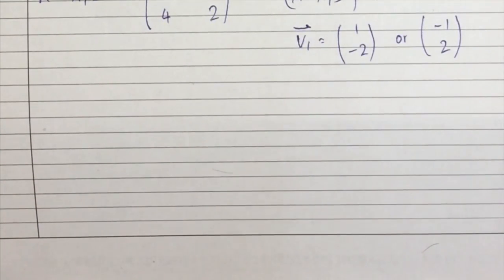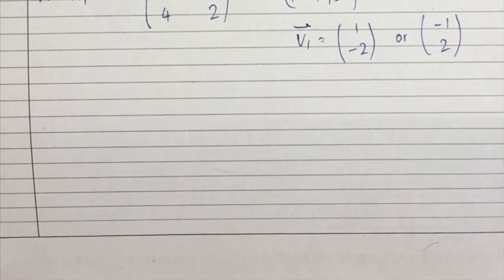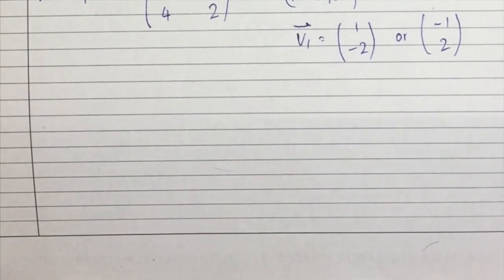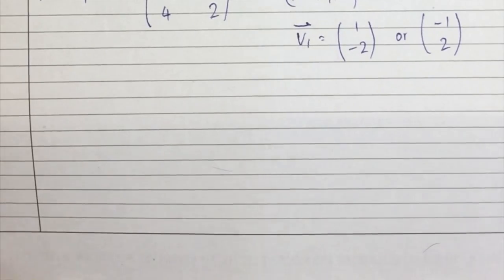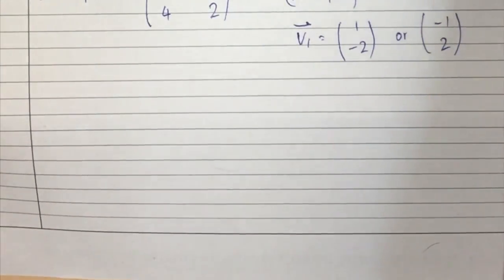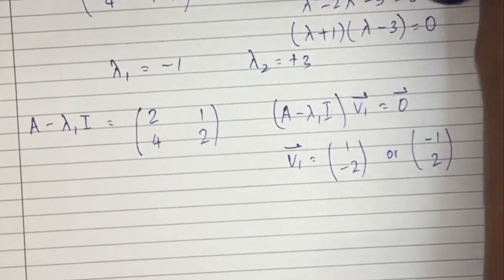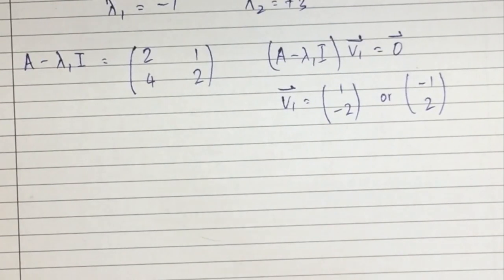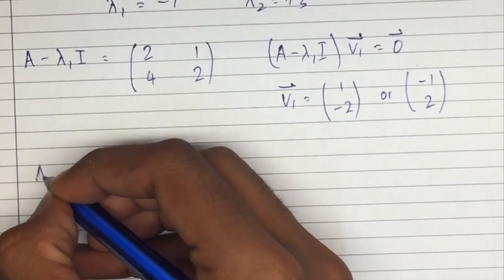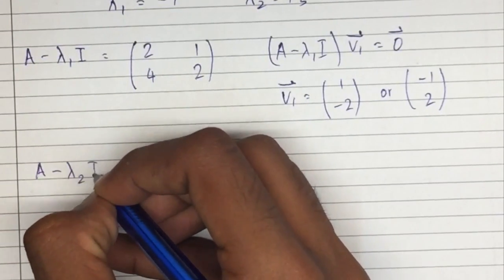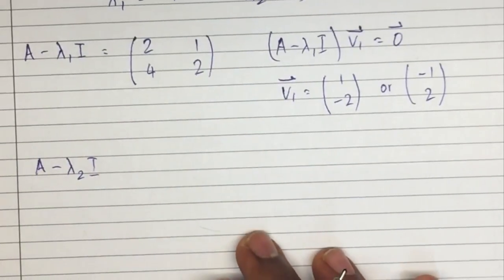That is one of the most important points we'll be covering a little later when we are solving the differential equations. So after we find the first eigenvector, we can then find the second eigenvector, using A minus lambda 2 I, right?